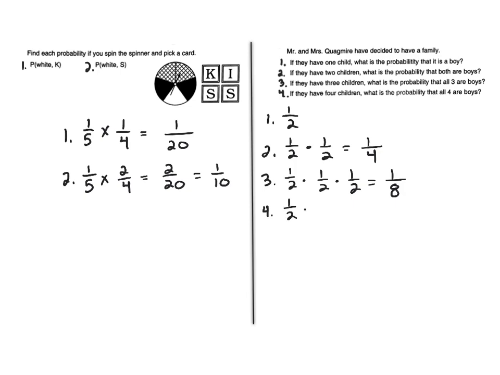So we have 4 probabilities: child 1, child 2, child 3, child 4. Multiply them together. 1 times 1 times 1 times 1 is 1. 2 to the 4th power is 16. So 1 out of every 16 situations will you have a situation where you have all 4 boys.